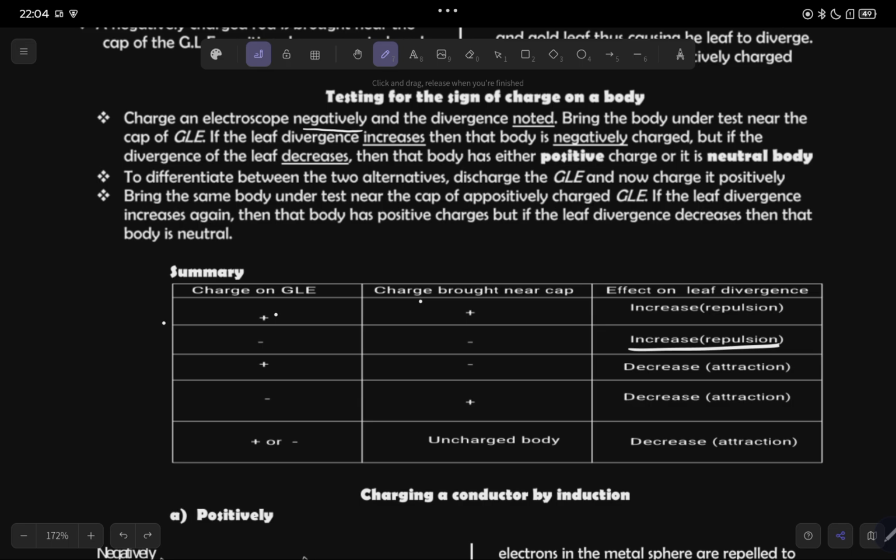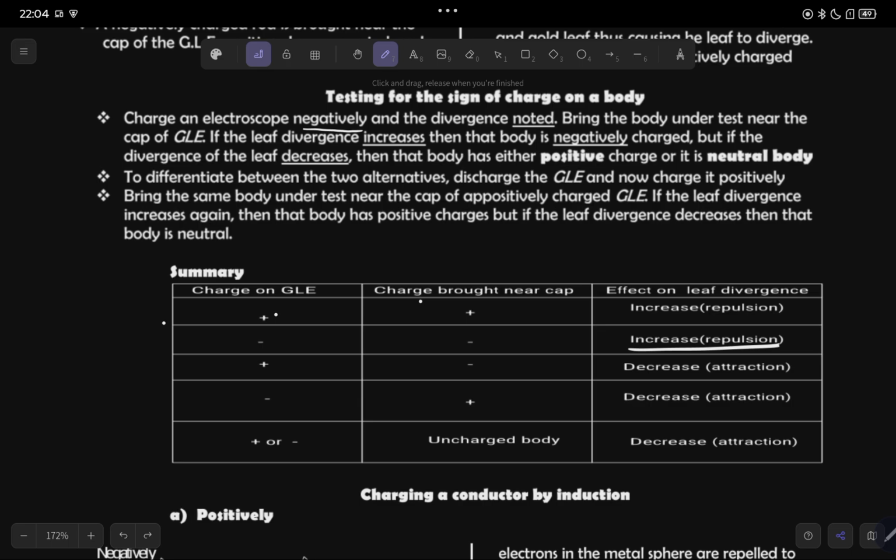Now, when you bring a negative body near the cap, remember the negatives had already been spread across the whole thing, on the brass cap, brass rod, brass plate, whatever. But if you bring another negative charge near the cap, even the negative charges which were near the cap will also be repelled or pushed away.